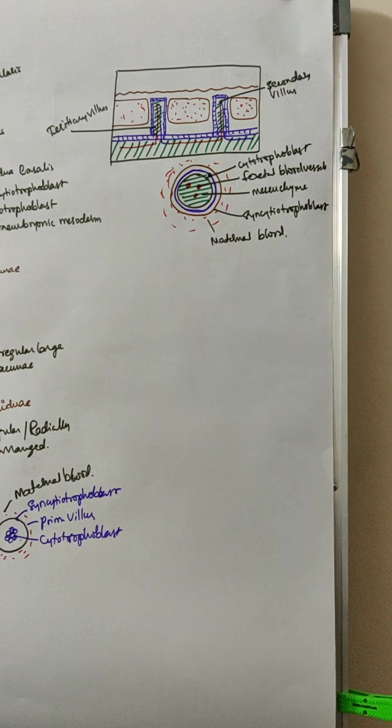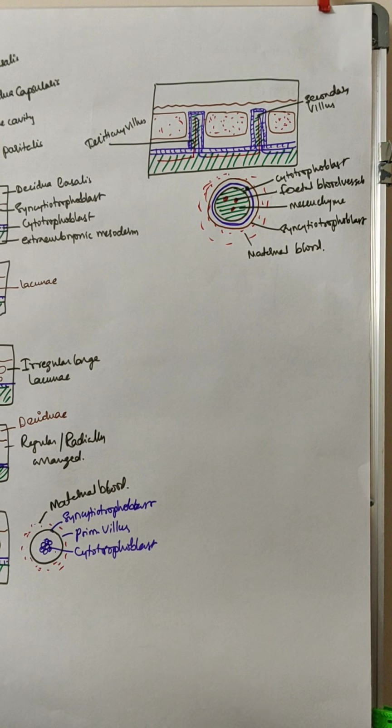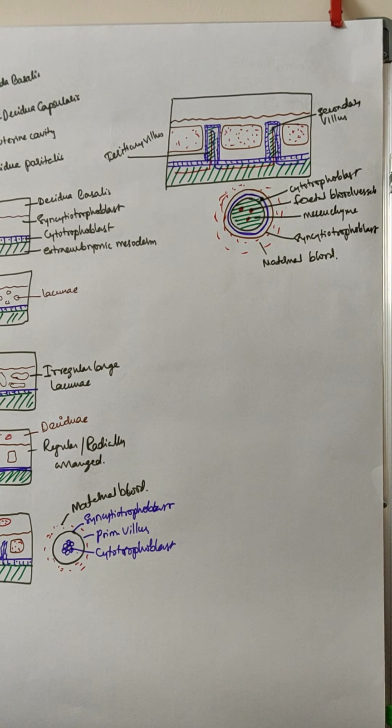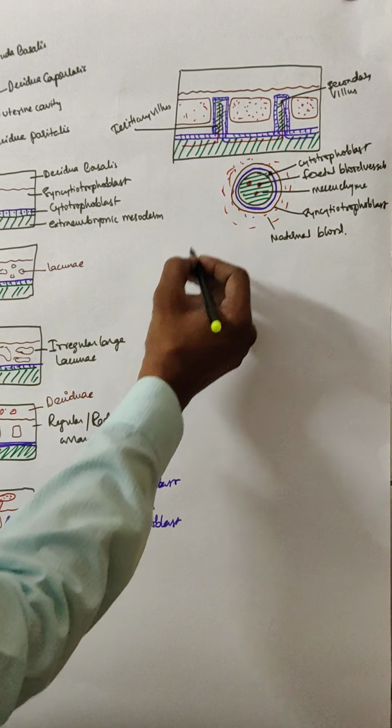So this is nothing but the placental barrier. So the placental barrier is basically formed by the syncytium, cytotrophoblast, connective tissue, and the endothelium of the blood vessels. Thank you.